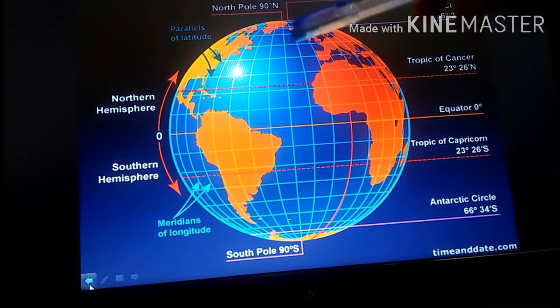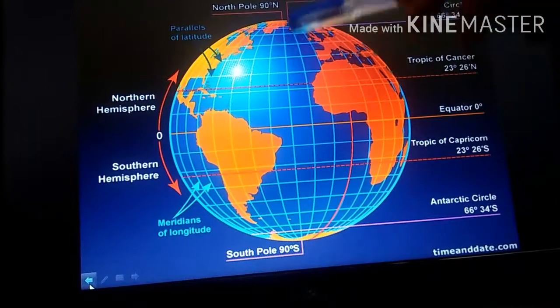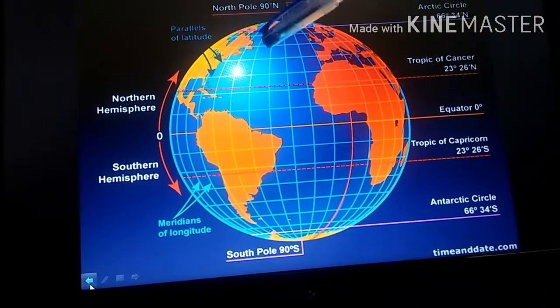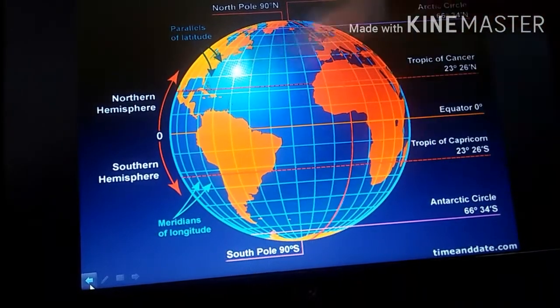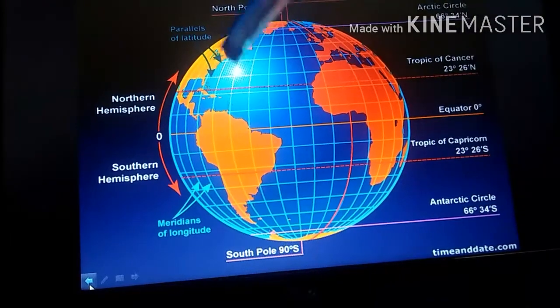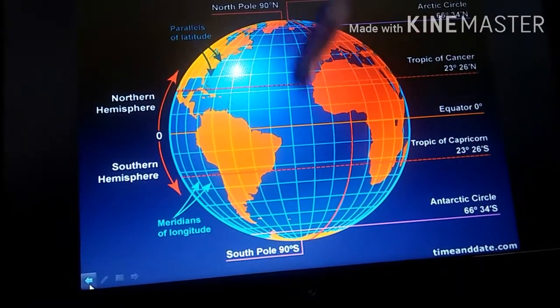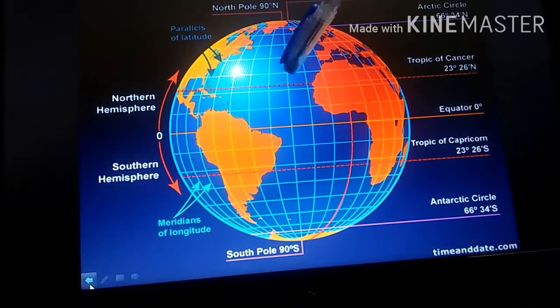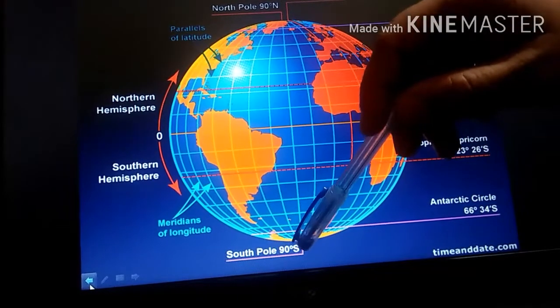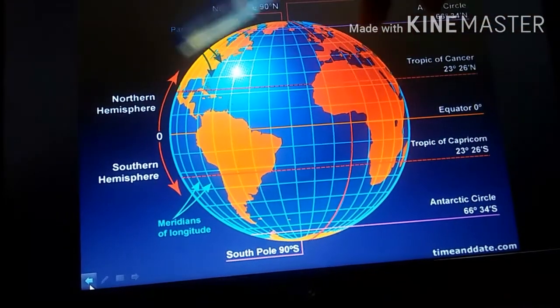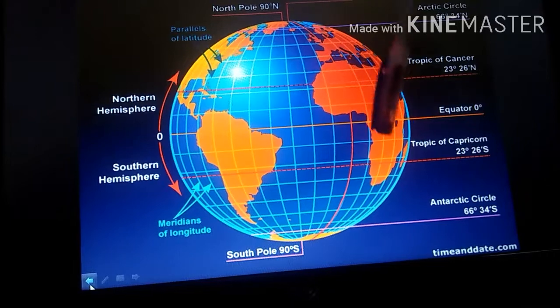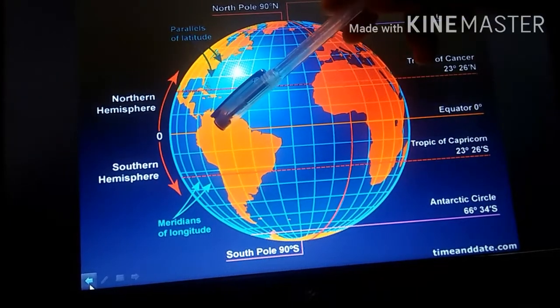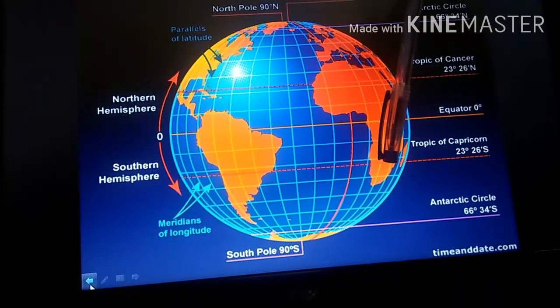The vertical lines, as I told you, are known as longitudes. Like the equator, a latitude which divides the earth into the Northern and Southern Hemisphere, in the same way there is one central line which passes through the center of the earth and divides it into the Western and Eastern Hemisphere.